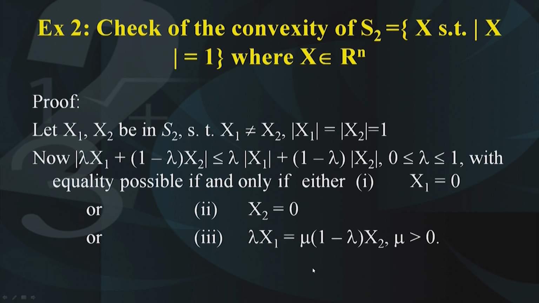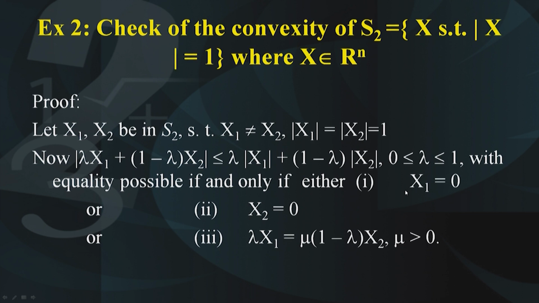It comes from the fact that only if lambda x1 is a multiple of (1 minus lambda) x2 will this condition be an equality. In this inequality, we are trying to investigate under what conditions it will become an equality. And we have seen that these are the three possibilities.